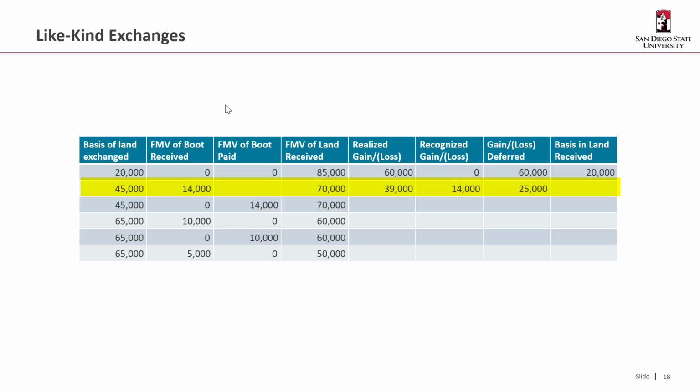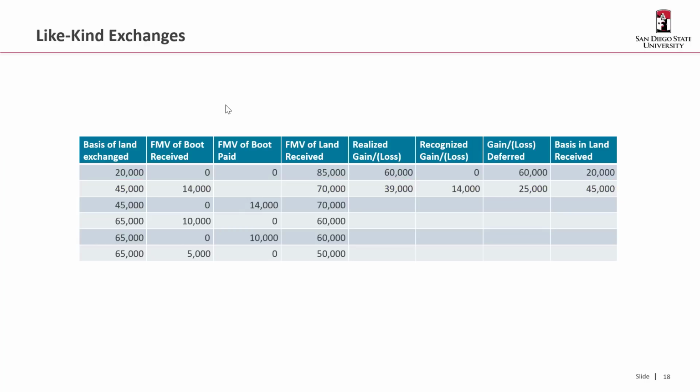And so if we were to calculate your basis in the land received, there'd actually be two ways of doing this. You could use the long method and say, oh, well, that's the carryover basis of 45 plus the amount of gain recognized, or 14, minus boot received of 14. And that leaves you the same carryover basis that you had, 45,000.